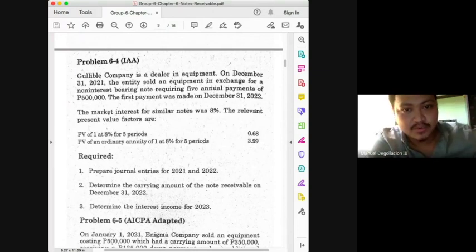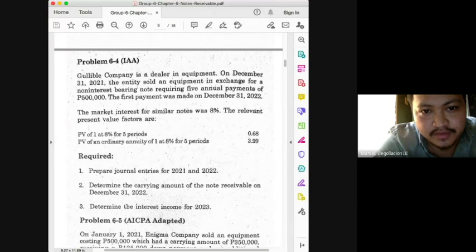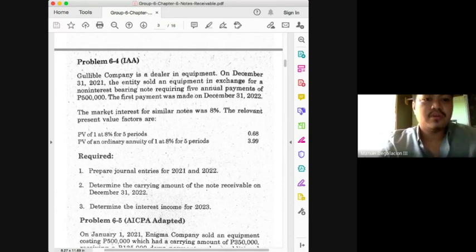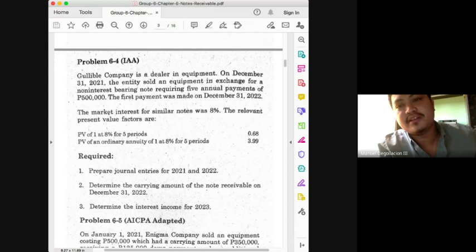345,400 minus 132,368. How much will that give us? 213,032. Okay, that would be the remaining unearned interest income, and deduct it from 1,500,000.